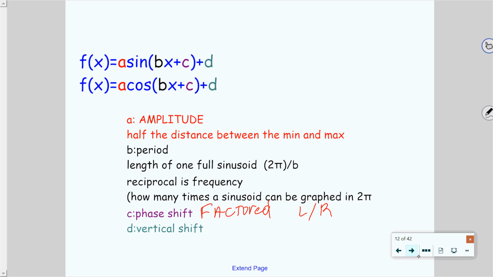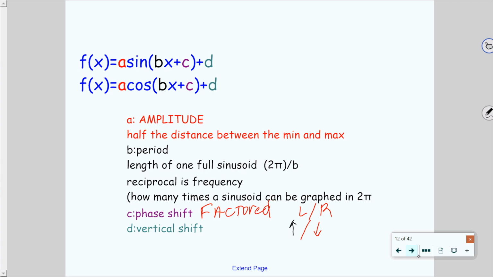Our vertical shift is our D. That's our normal up and down. So those really haven't changed. Phase shift just changes what we called horizontal translation, right? It's just changed to the word phase shift.